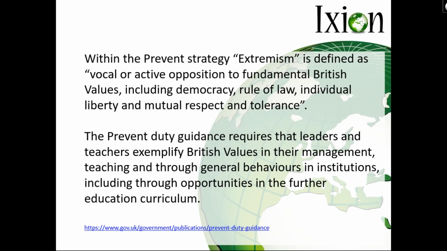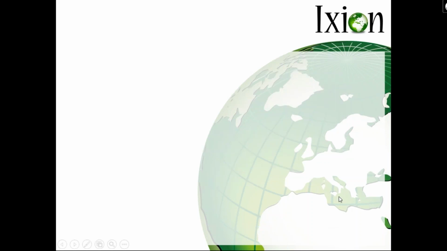I'm sure that you're all absolutely aware of the PREVENT duty, but there is a link there if you're not and you want to download it. But the PREVENT duty guidance requires that leaders and teachers exemplify British values in their management, teaching, and through general behaviours in institutions, including through opportunities in the further education curriculum.